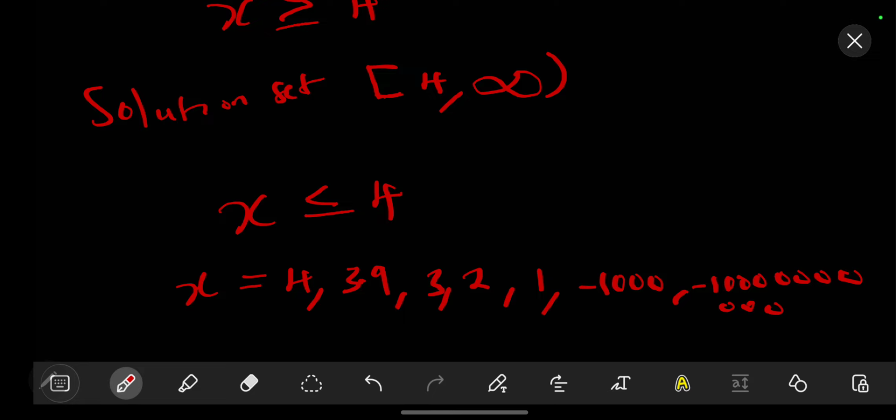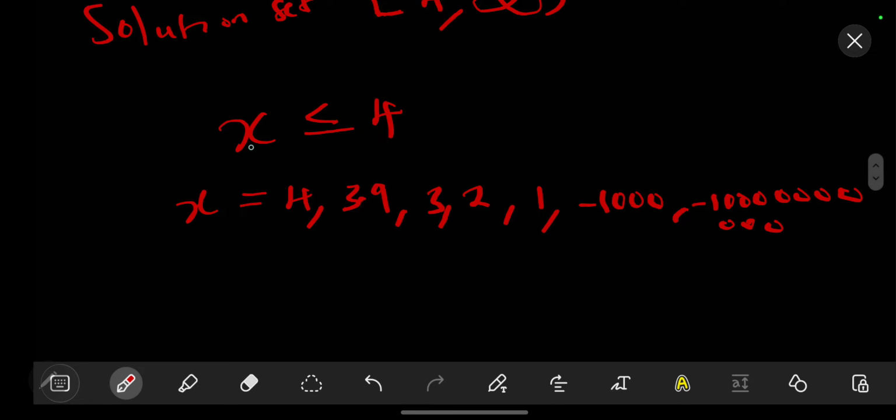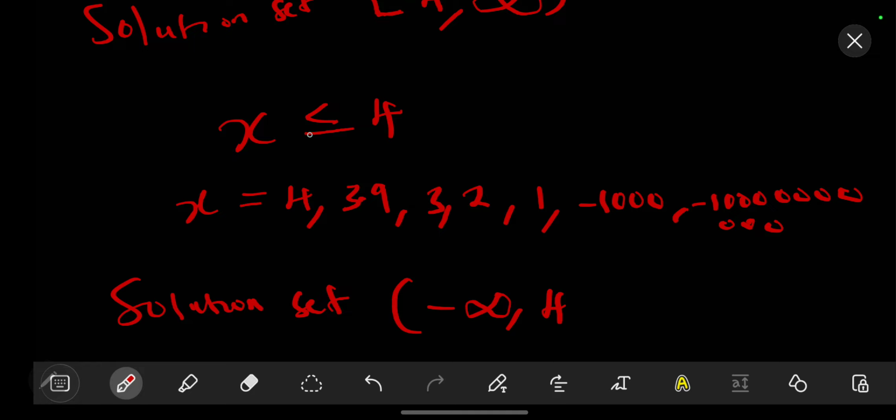Now this tells you that the lowest possible value of x is unbounded. In terms of our solution set, since it's reducing, we are going to use an open bracket and say negative infinity to 4. In this case, less than or equal to means 4 is included, so we can do this if the solution was like that.